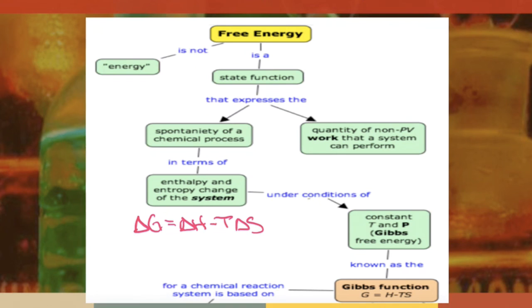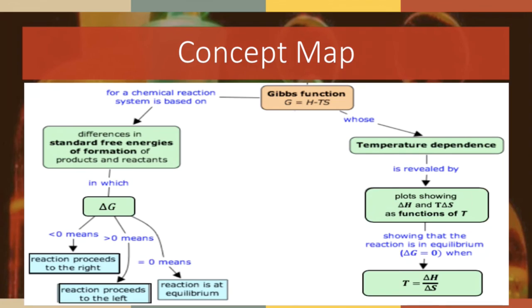The definition is G is H minus T S. It is based on differences in the standard free energies of formation of the reactants and products, where delta G less than 0 or delta G negative means the reaction proceeds to the right, and delta G positive or greater than 0 means the reaction proceeds to the left, and delta G equals 0 means the reaction's at equilibrium.